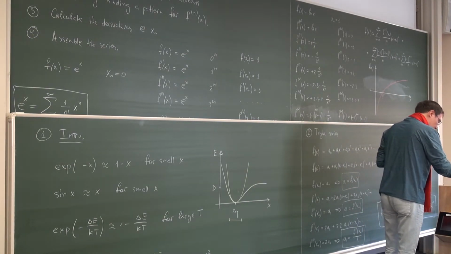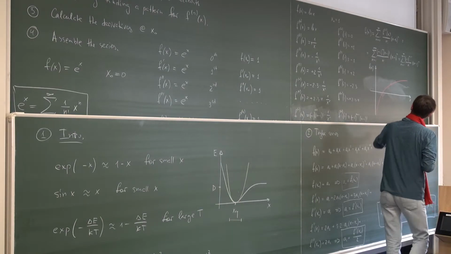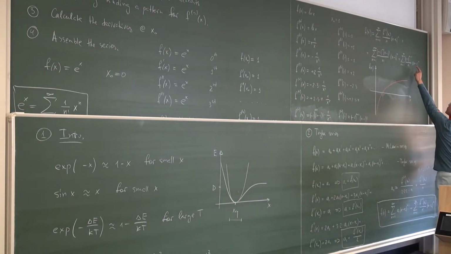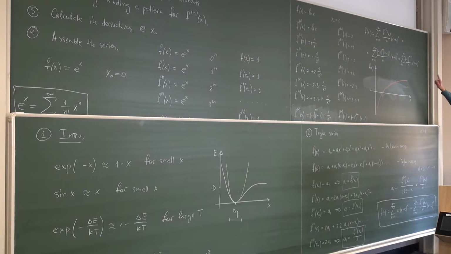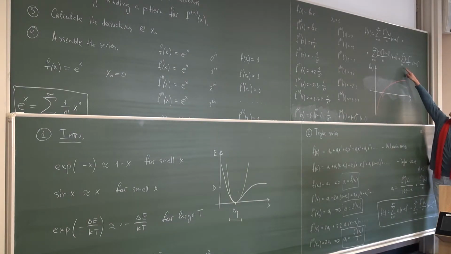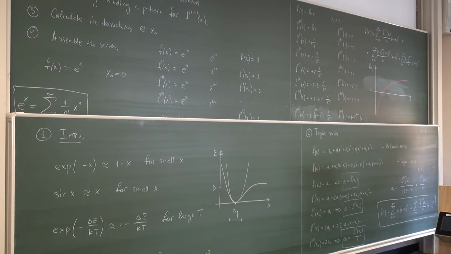Imagine now that we truncate this series at the first term. What is going to happen in here? So if we only keep n equals 1, it is actually quite simple. Minus 1 to the power 2 is plus. Denominator is 1. And then it's x minus 1 to the power 1.